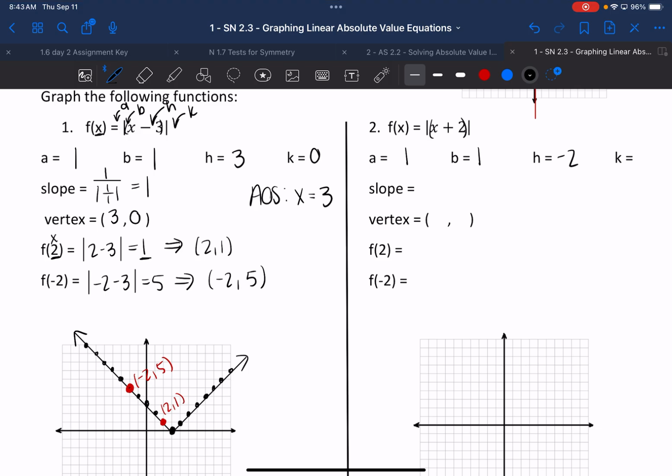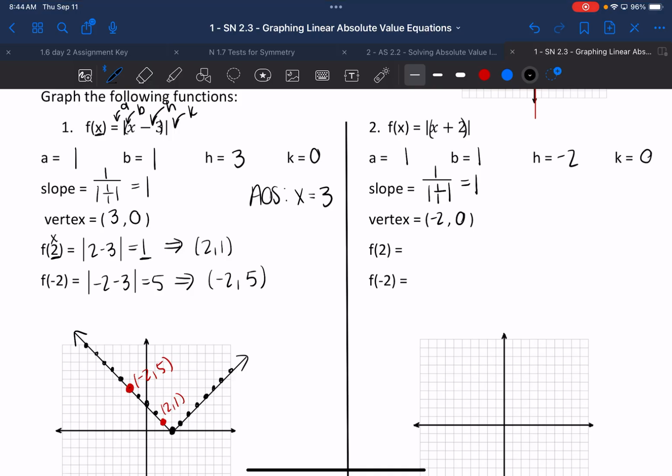And then what's my K? 0, because there's nothing out there. Good. Okay. And then again for slope, remember we write that as A over the absolute value of 1 over B. So really it's just the 1 over the absolute value of 1 over 1, which simplifies again down to just 1. All right, so this time, where is our vertex?